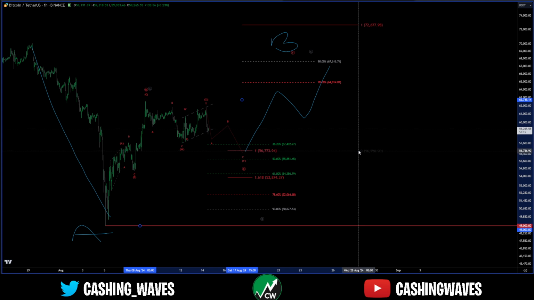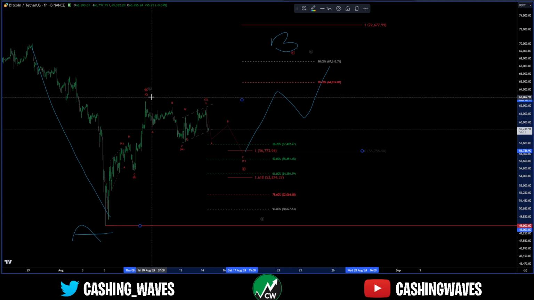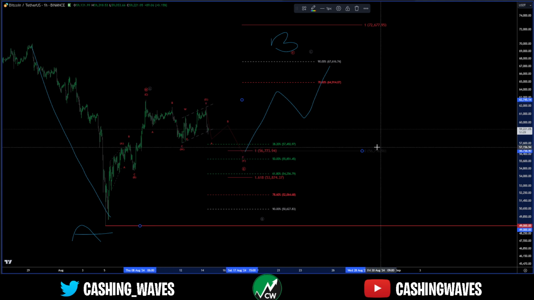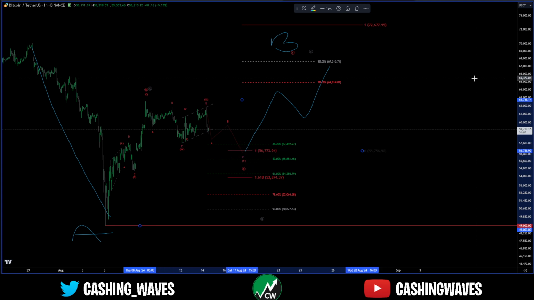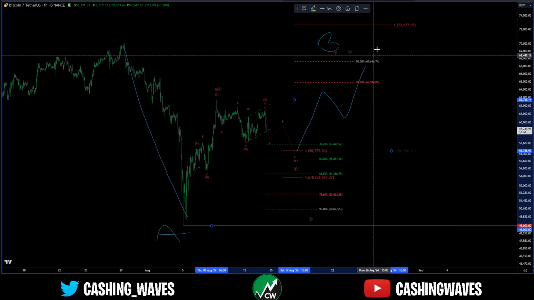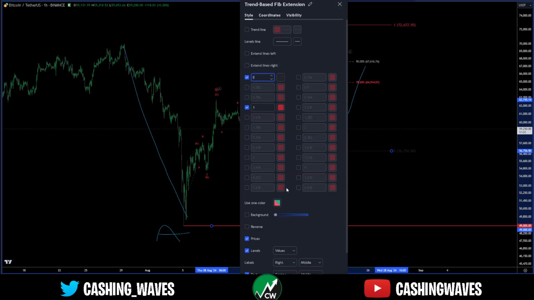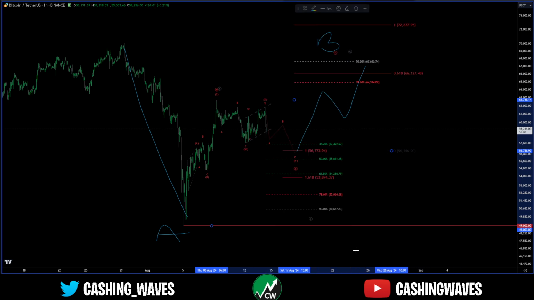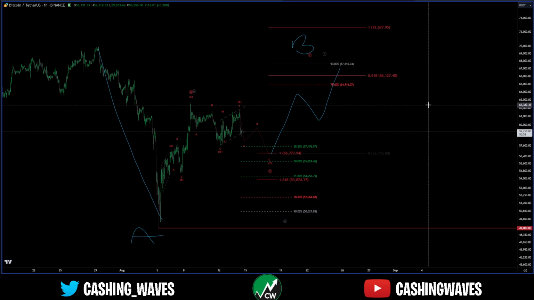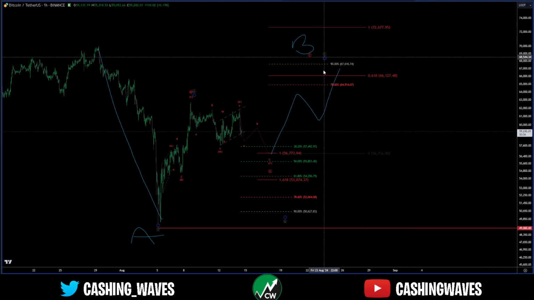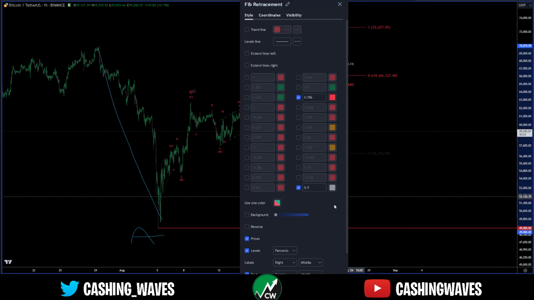If we only hit this 1-to-1 at 56,000, we take the length of our W, extend it off that level. You can see the 1-to-1s all the way at 72,677. Now we can just hit a 618, but we usually target that 1-to-1, right? So if that ends up happening and we actually do target the 1-to-1, I'd actually expect this to be some sort of flat pattern.